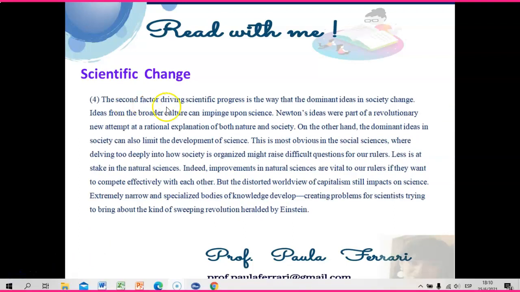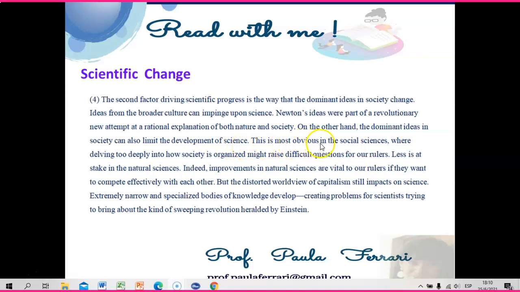The second factor driving scientific progress is the way that the dominant ideas in society change. Ideas from the broader culture can impinge upon science. Newton's ideas were part of a revolutionary new attempt at a rational explanation of both nature and society. On the other hand, the dominant ideas in society can also limit the development of science.